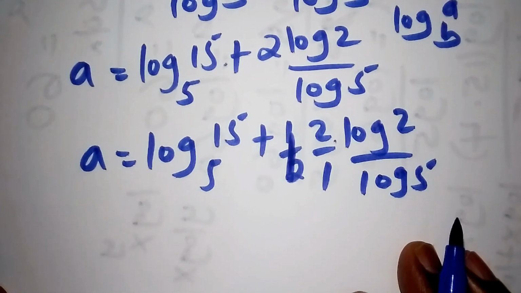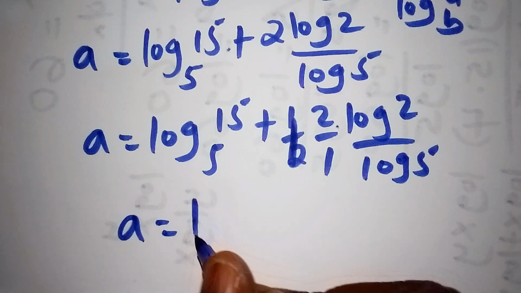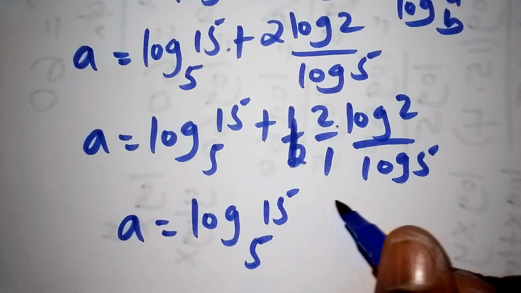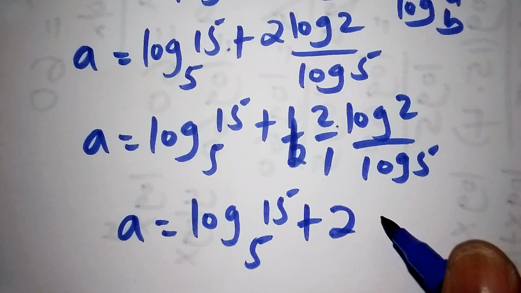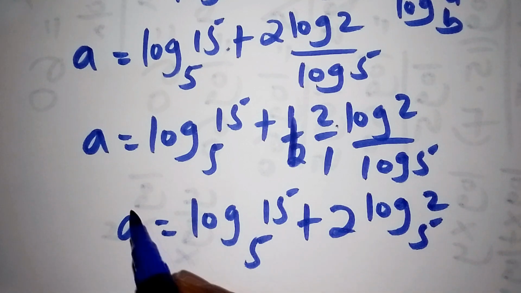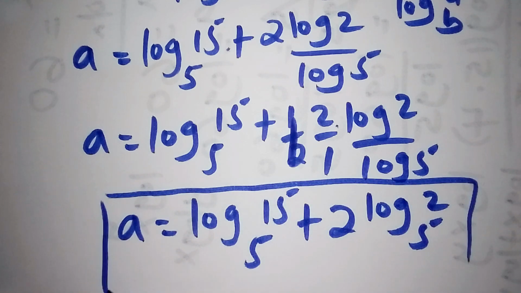Finally, our answer is a equal to the log of 15 to the base of 5, plus 2 times the log of 2 to the base of 5. Now this qualifies to be our correct answer.